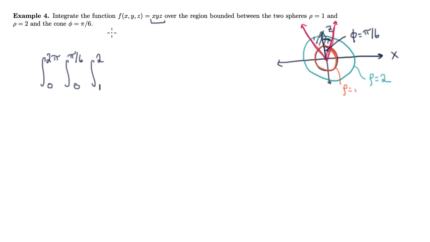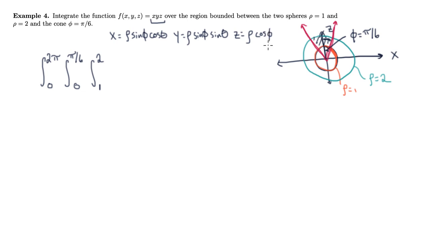So we have x equals, just recall, rho sine phi cosine theta. y is rho sine phi sine theta. And z is rho cosine phi.